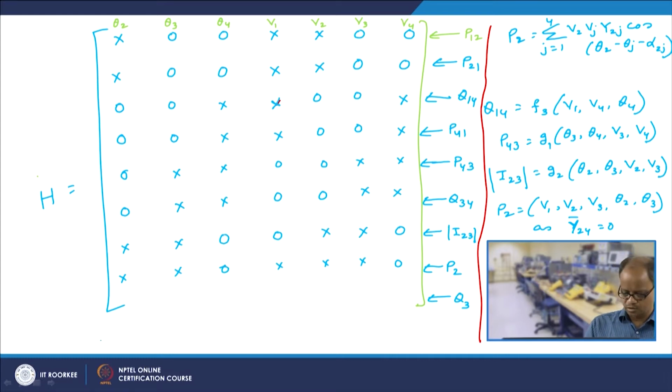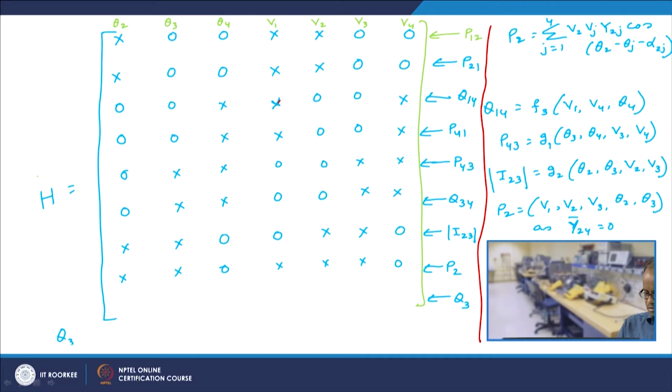And last but not the least, Q3 is, again we write it here, sum over k is equal to 1 to 4 of V3 Vk Y3k sin theta 3 minus theta k minus alpha 3k.